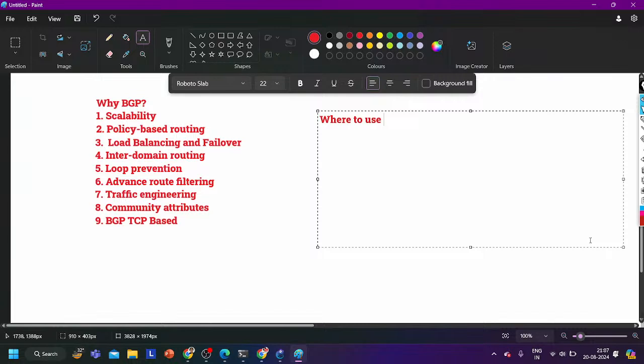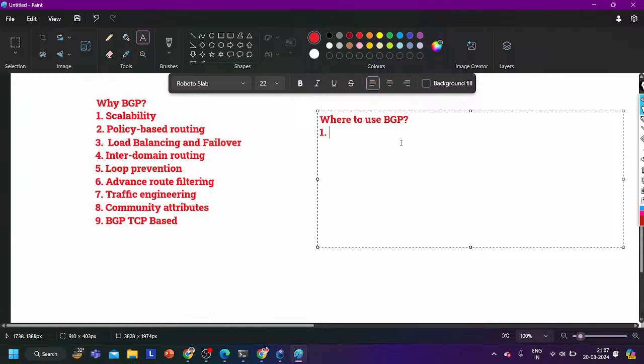When we have two ISPs, very good. Then redundancy of the routers, okay, great. A large network over the internet. When we want to manipulate incoming and outgoing traffic, correct, very good.